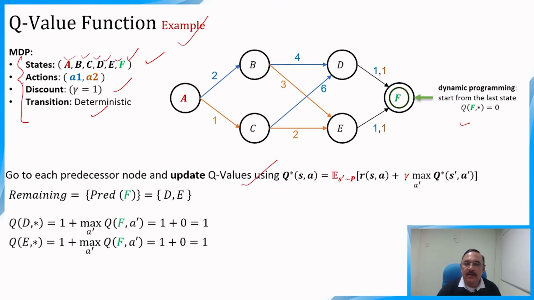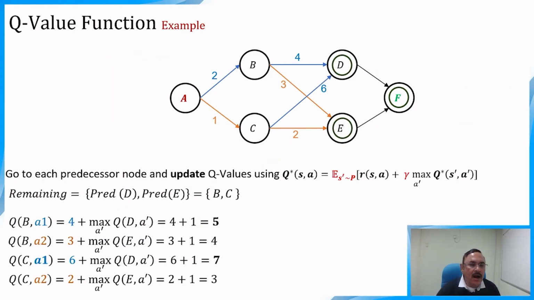So, you can see that the q value of D and the q value of E is calculated as 1 plus the maximum of the q values of F, A. That becomes 0, so both of them become 1 in this case.